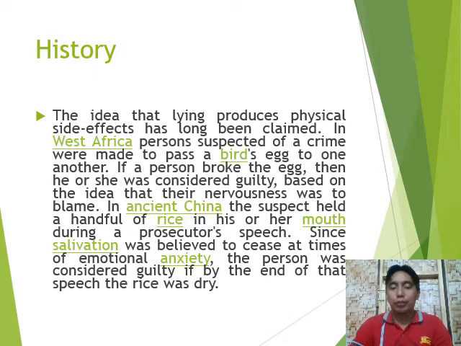So in the first session, the last lesson I was discussing with you was history, the early methods of detecting deception. When we say early, probably when human beings began to exist, each generation had its own method of detecting deception. But as we civilize, we tend to change the way we approach things.